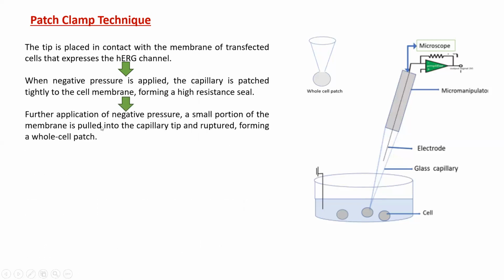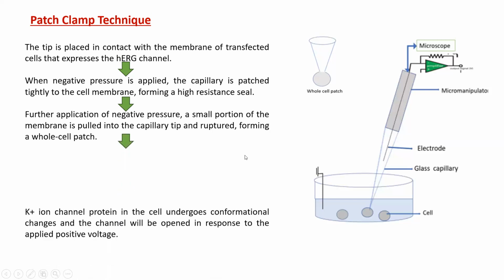Now further negative pressure is applied, a small portion of the membrane is pulled into the capillary tip and it is ruptured, forming a whole cell patch. In this figure you can observe how the whole cell patch looks. This is the capillary and this is the cell part which produces the whole cell patch.